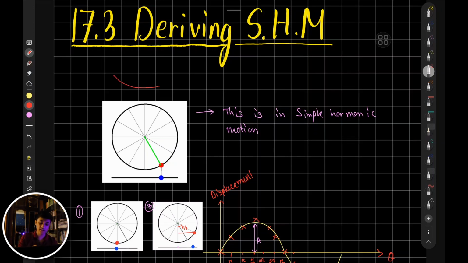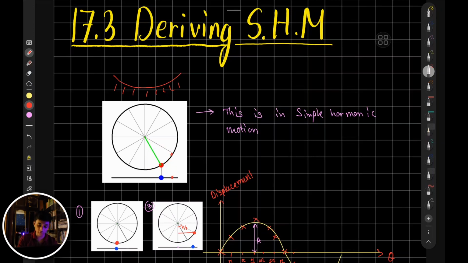If we shine a bit of light over here, what do we see? We see a shadow from this point to this point. Wherever the bob goes, it projects a shadow over here. This is going to be the length of the shadow.